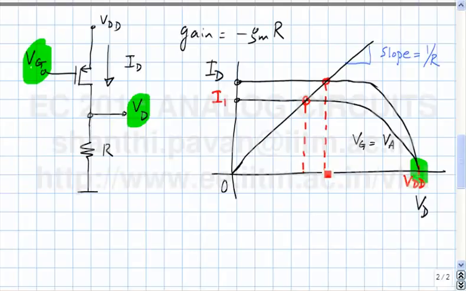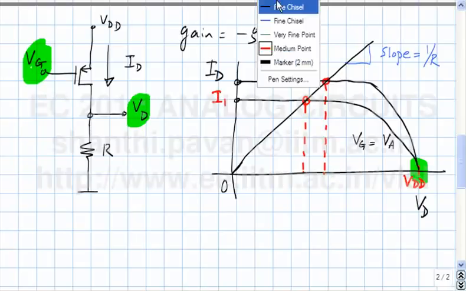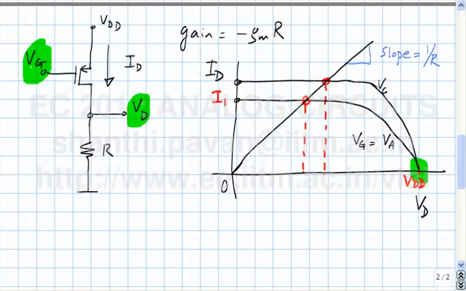What is the incremental output on the graph? This was the quiescent output, this was the output voltage at the drain when Vg was equal to Va. This is the output voltage at the drain when Vg is equal to Va minus delta V. So what is the change in the output voltage?